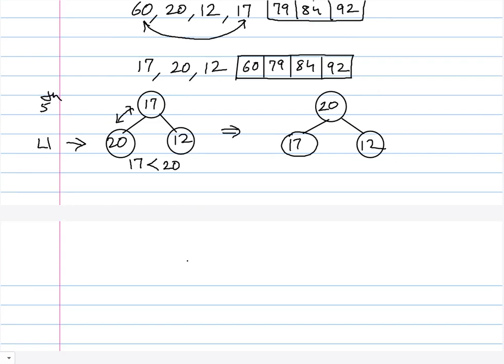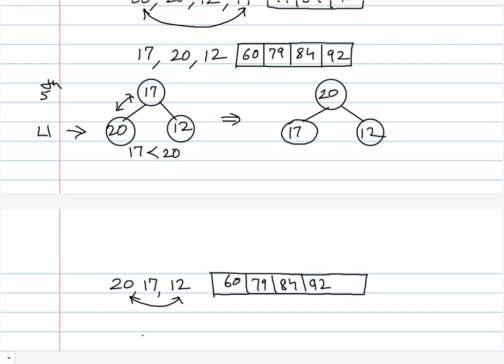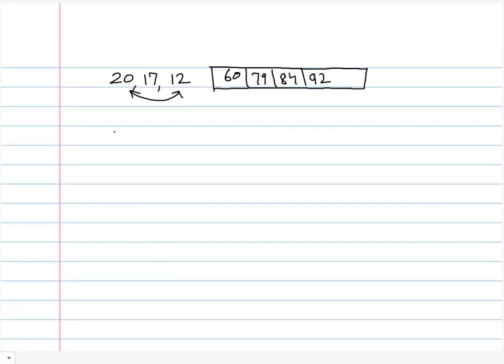So let us rewrite in the form of an array. So 20, 17, 12, and your sorted array consisting of 60, 79, 84, 92. We'll swap first and last element. So now in unsorted you will have 12 and 17, and 20 will be added to your sorted part.